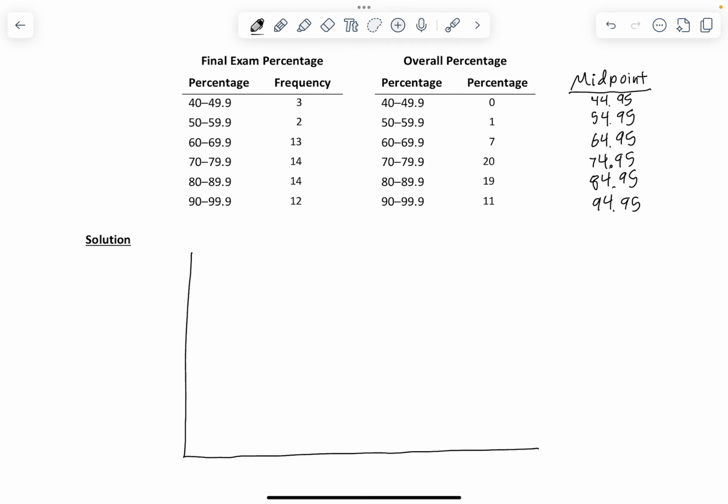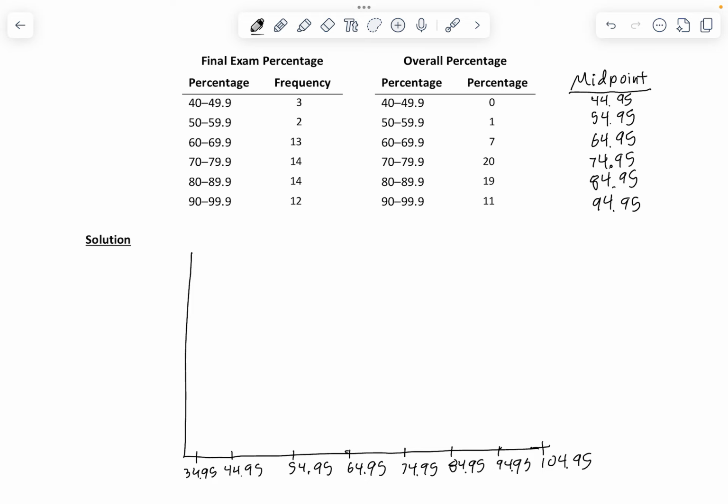We've got 44.95, 54.95, 64.95, 74.95, 84.95, 94.95, and let's extend this up to 104.95 and down here to 34.95.